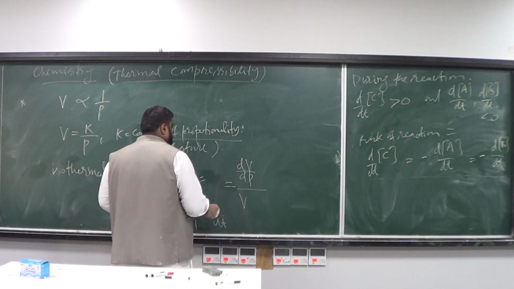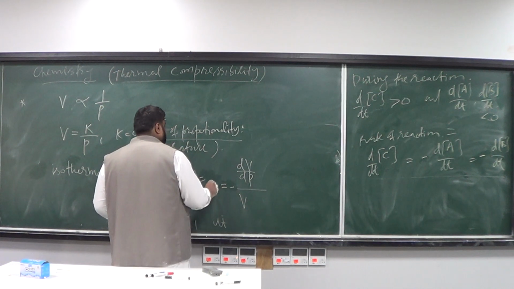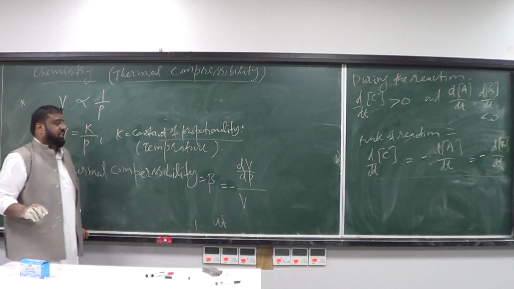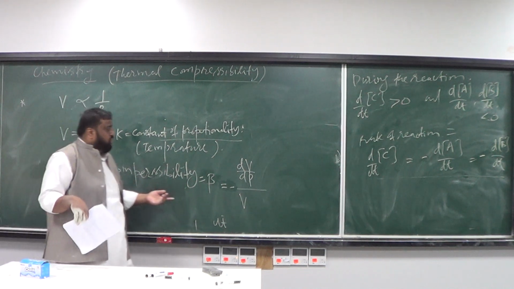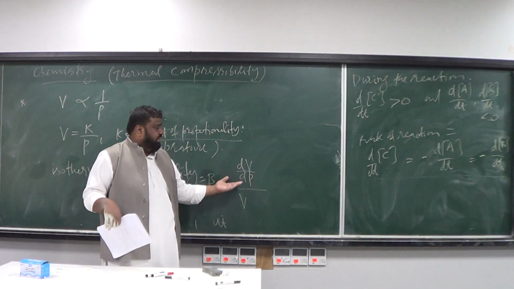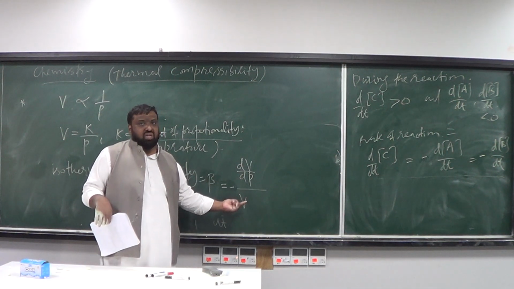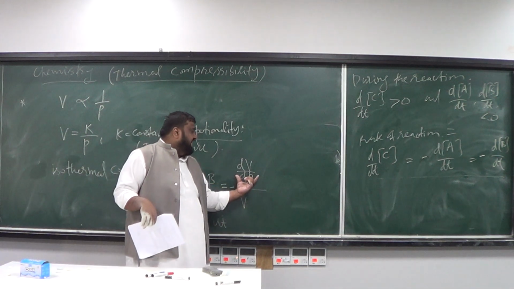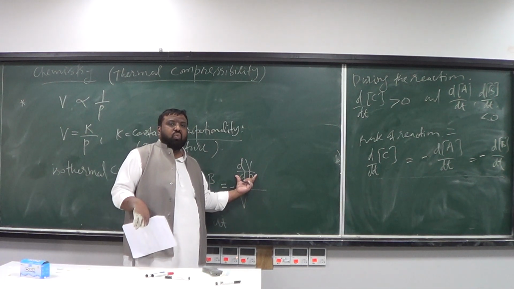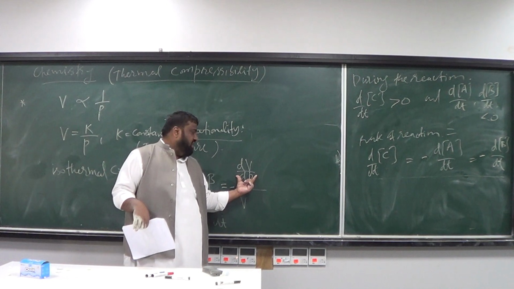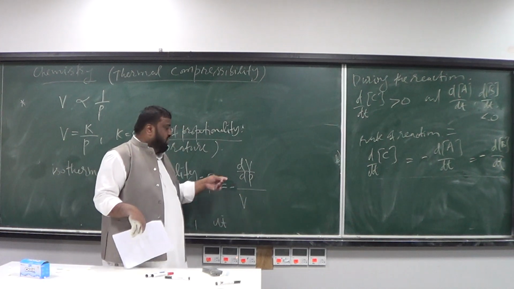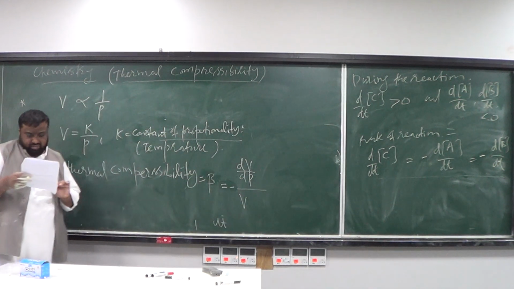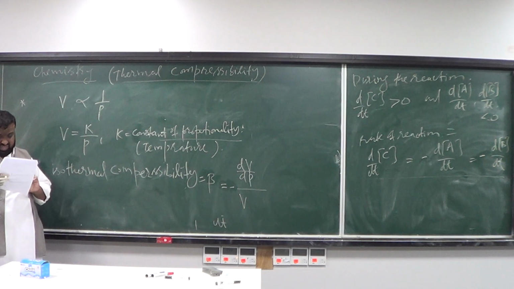You denote isothermal compressibility by eta. In other words, it compares how the volume is changing when the pressure is changing with the original volume of the substance. If you take this ratio, you call it the isothermal compressibility.